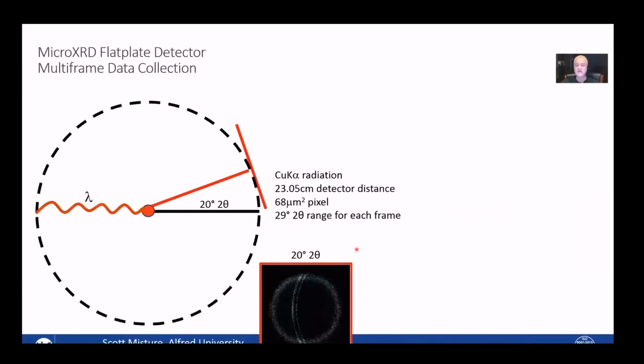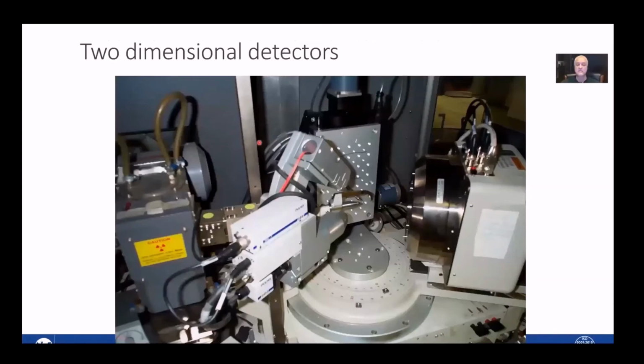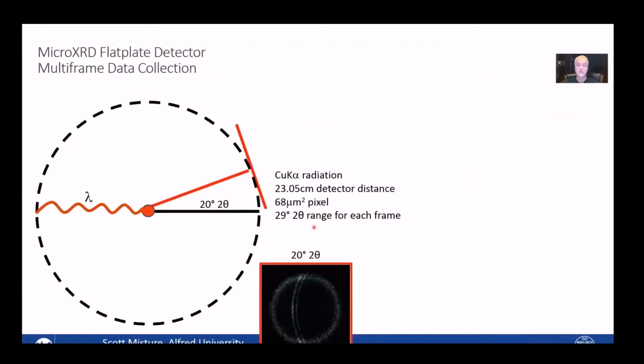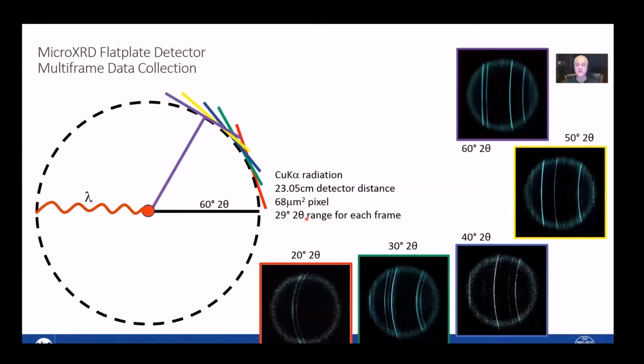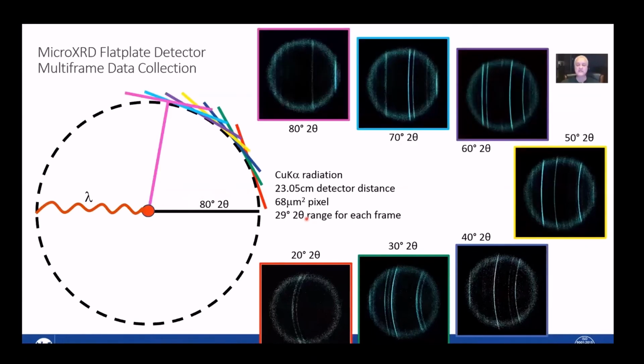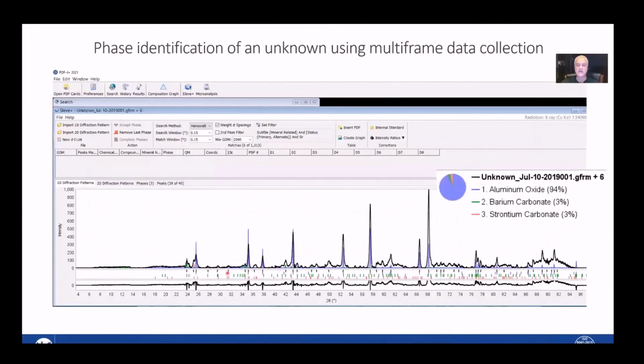Another feature that we've added this year is using two-dimensional detector data. Traditionally, you would collect a data set, and if you want to get the full diffraction pattern, what you would do is you would actually collect multiple frames, and as you collect each frame, you'll get a different amount of the diffraction spectrum. What would historically be done with data like this is to read it all in and convert it all to a 1D diffraction pattern to try to do your phase identification.